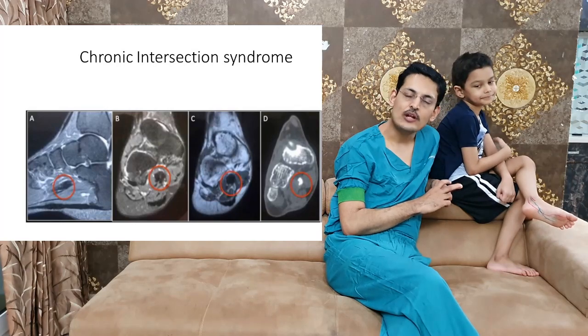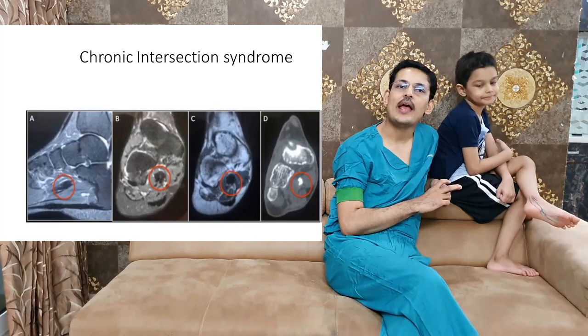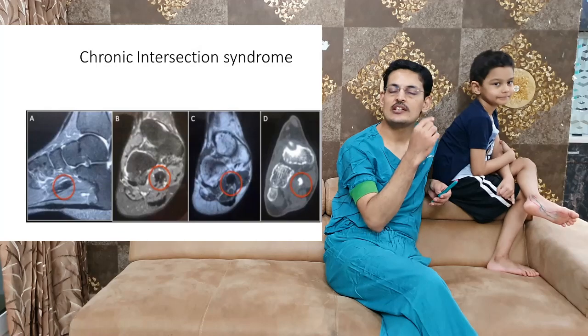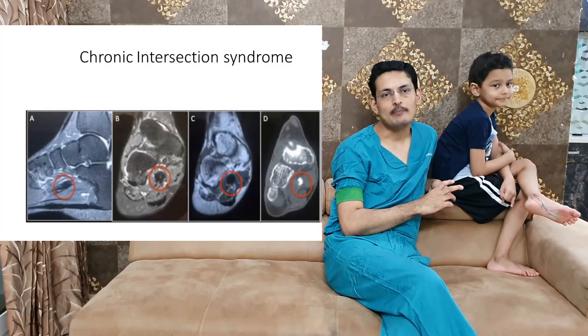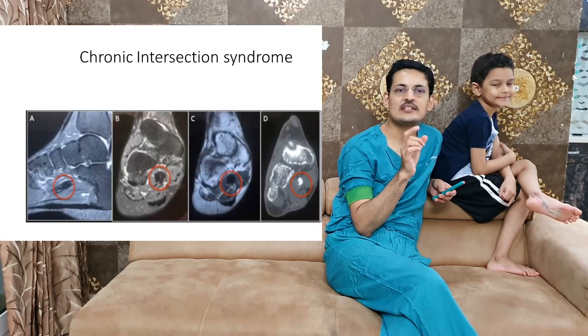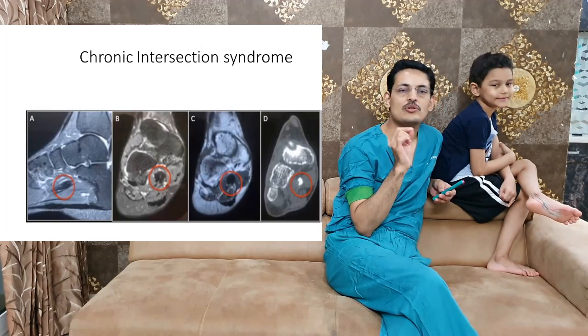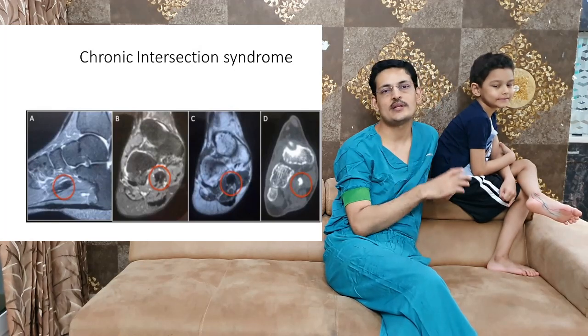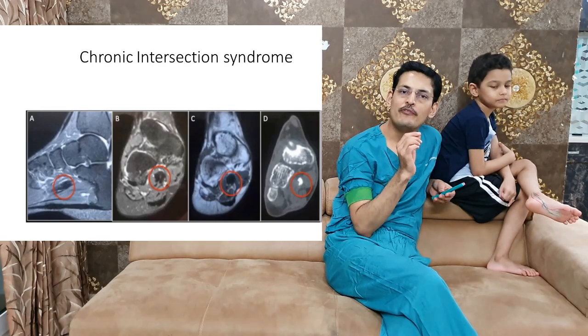This diagnosis can be ascertained by an MRI, in which you will see a significant thickening in the master knot of Henry area.